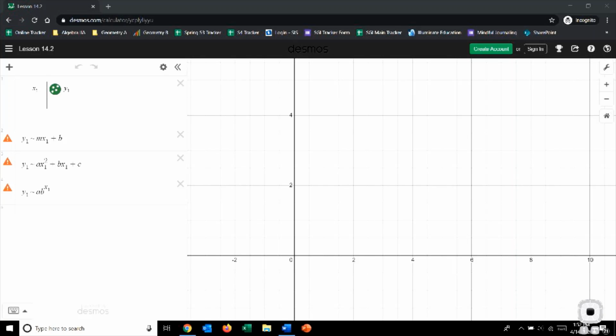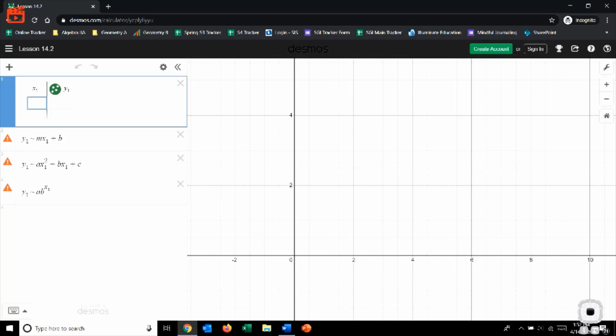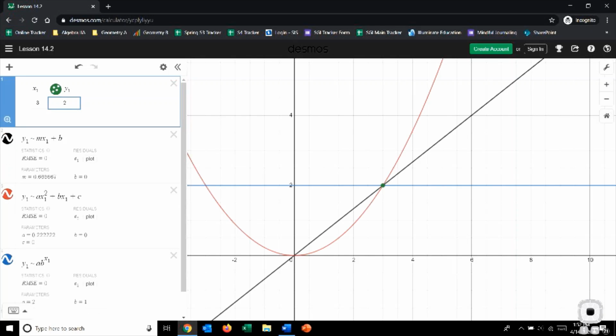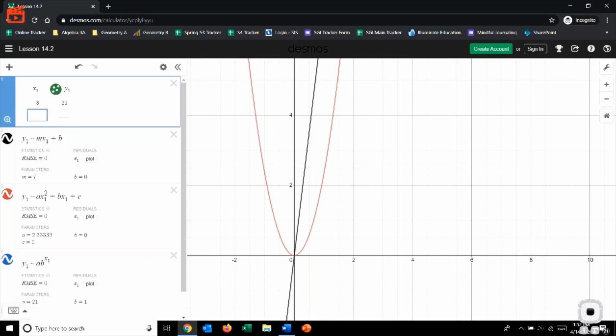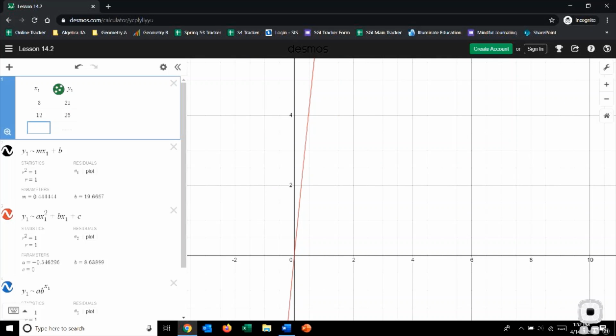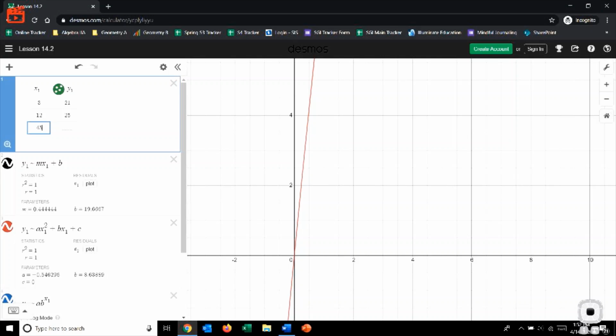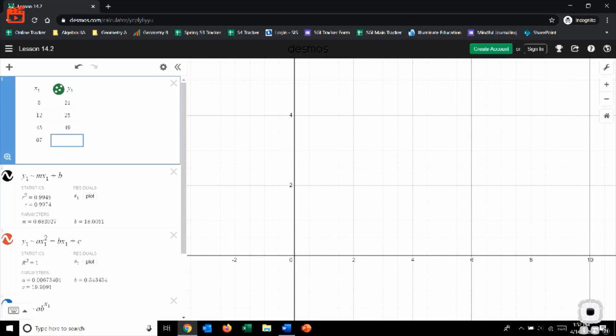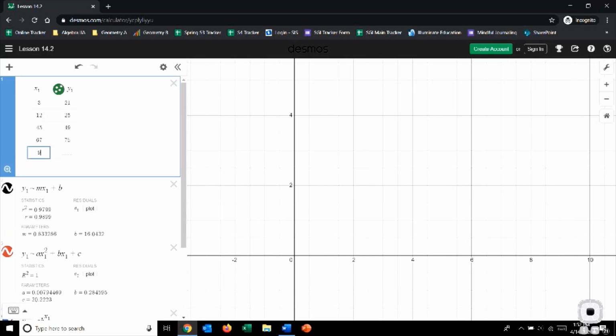We have 3, 21, 12, 25, 45, 49, 67, 75, and then 90, 119. And then you're going to click on this plus button, which will zoom your graph based off this table.